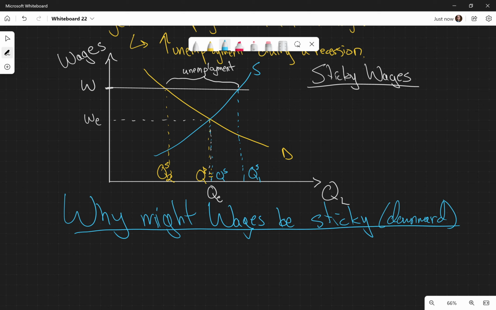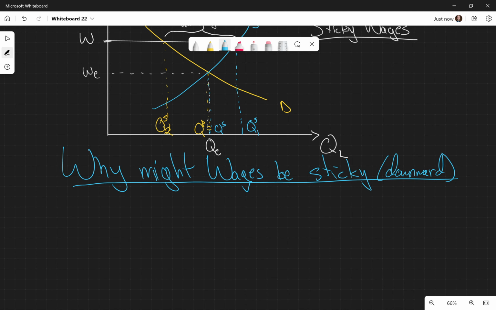And so part of this has to do with what we call the implicit contract theorem, which is essentially an unwritten agreement, right?